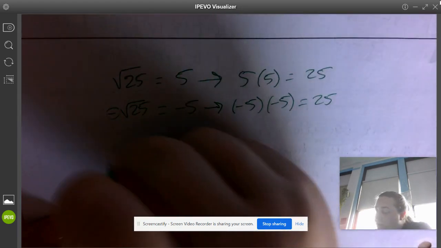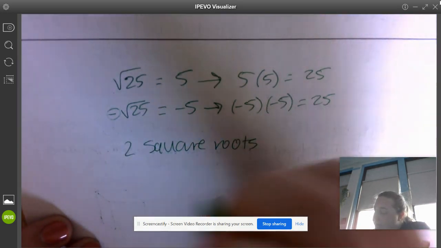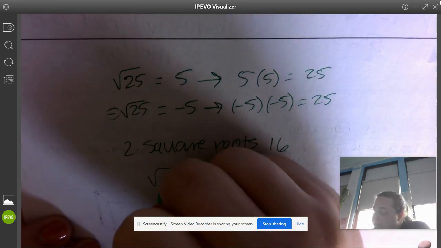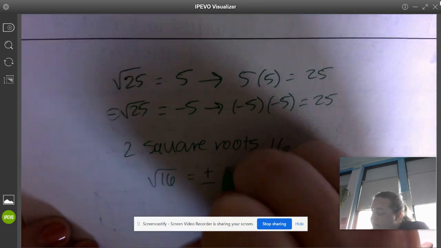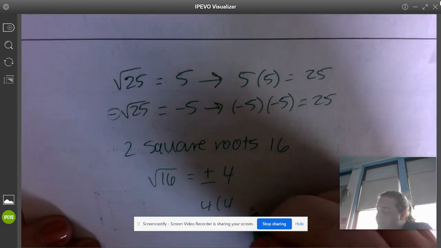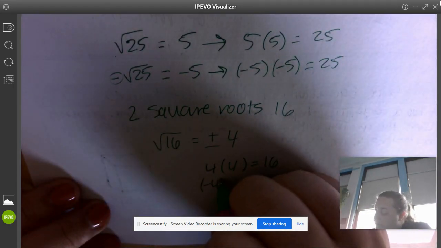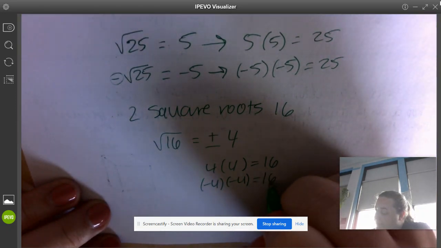So if I asked you for the two square roots of 16, you would say it's positive and negative 4, because 4 times 4 is 16, but so is negative 4 times negative 4. Okay.